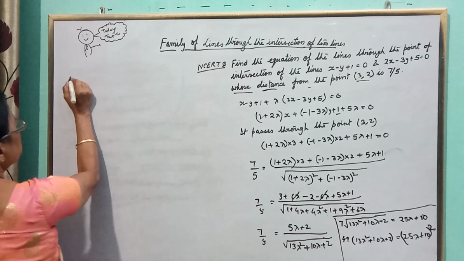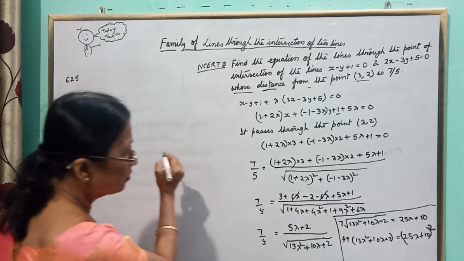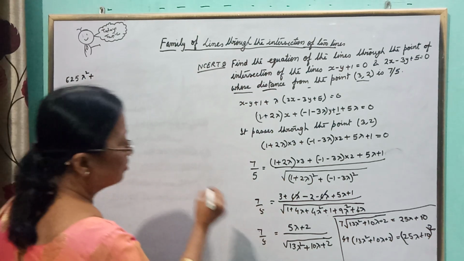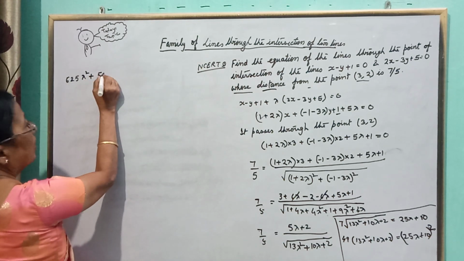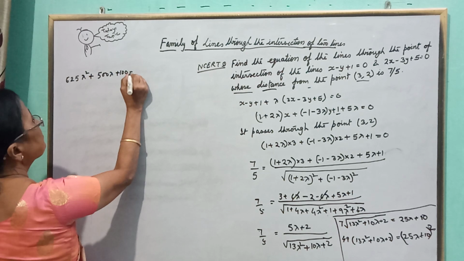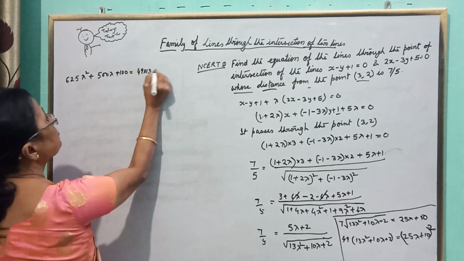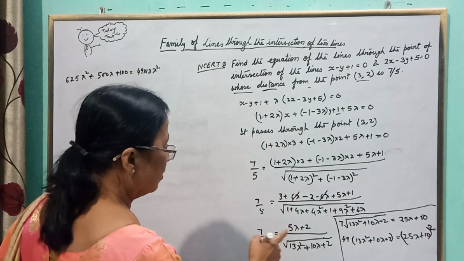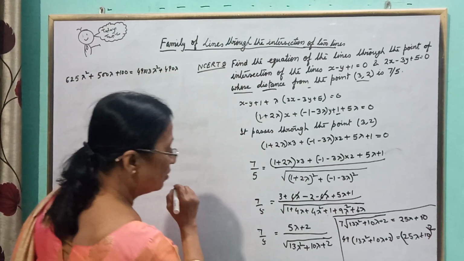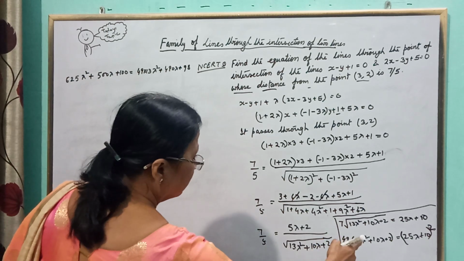So this is 625 lambda square plus 500 lambda plus 100, and this is equal to 49 into 13 lambda square plus 490 lambda plus 98.